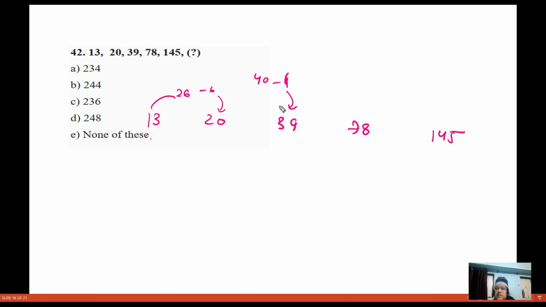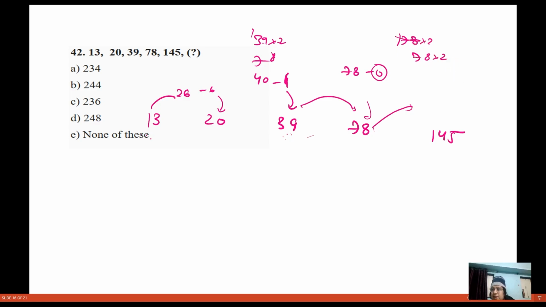Then 39 into 2 is 78 only, so 78 minus 0. But then when we do 78 into 2, we get 156. So here again we are subtracting something, here again we are subtracting 9.